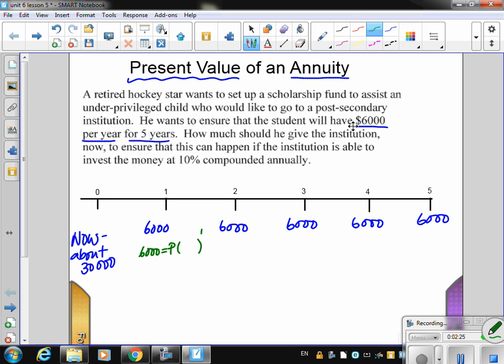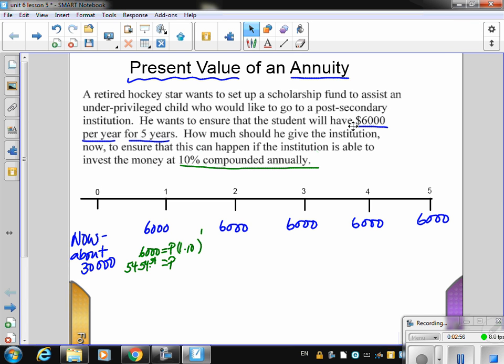If it sits in there for 1 year, my interest rate is 10% compounded annually. So at least that's simple enough. To find the present value for that one, we do a division. And so for the first payment, he would have to have $5,454.54.